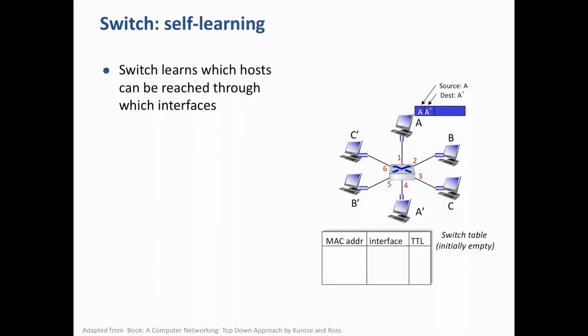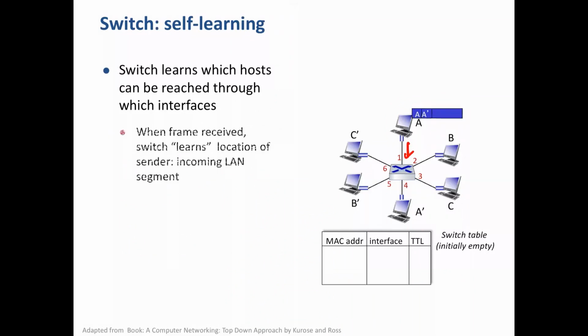Now let's assume A has a packet to send to destination A dash, where A and A dash are MAC addresses or Ethernet addresses. So A will create this frame and send it to the switch, and it has to go to A dash, right?